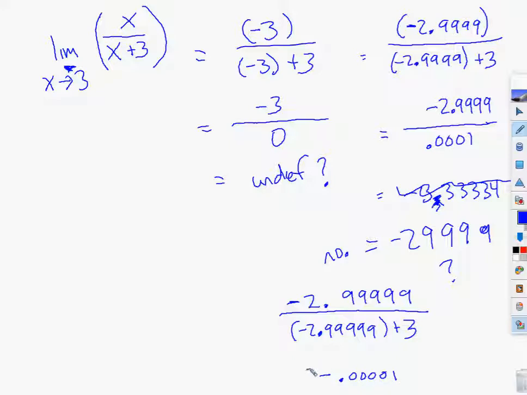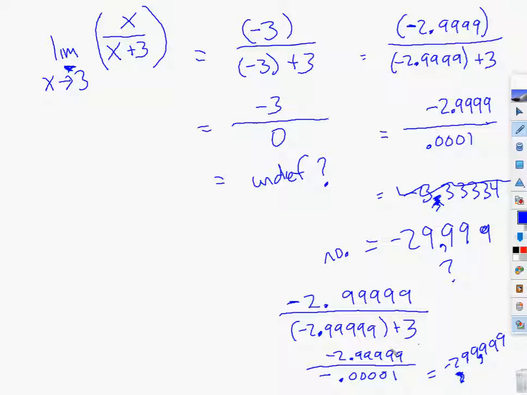Nothing to do right there. Okay, and then we'll do this division. And then I get negative 299999. Look, by adding that one extra decimal place, I went from the 10,000th place to the 100,000th place.